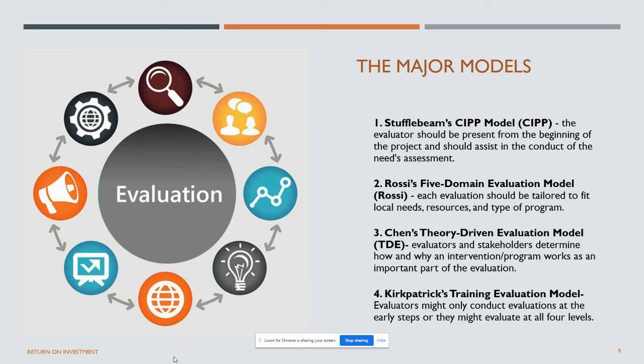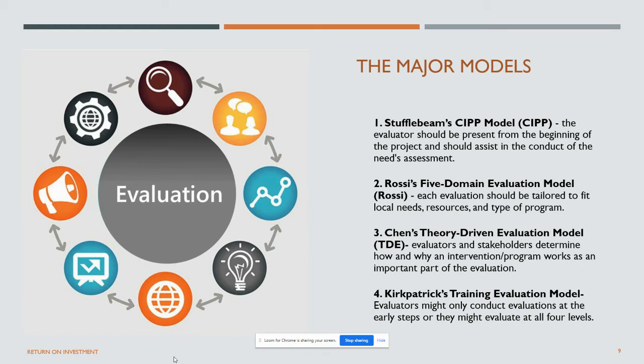Number two, Rossi's 5-domain evaluation model. Here it includes tailoring questions. What is the evaluation process? What specifically needs to be evaluated? Who should be evaluated? What level of participation is desired? Should an internal or external independent evaluator be used?